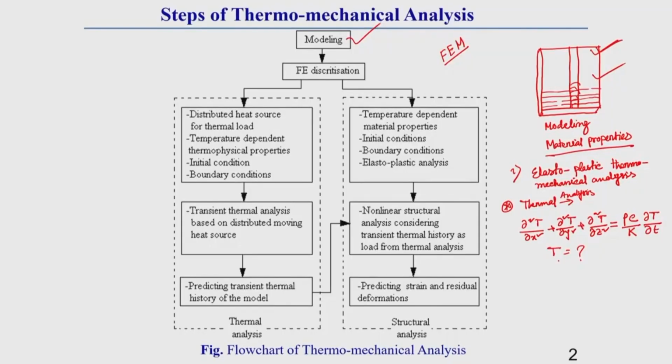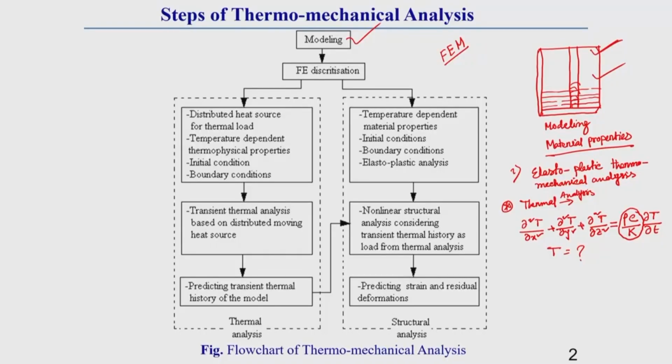If it is some other welding technique, like the laser beam technique, then laser power will be the load, and for the electron beam welding process, there will be electron beam power. Our output is T. To find out this T, in this equation itself we can see what different material properties are required. So in a particular analysis, you can get the required material properties from the governing equation.